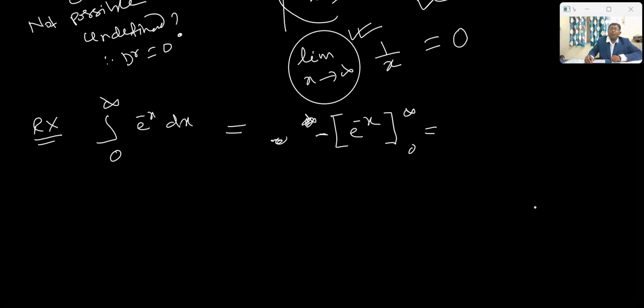Now putting in the limits, e to the power minus infinity is 0, and e to the power 0 is 1. So this is equal to 1. We say this integral converges to 1.